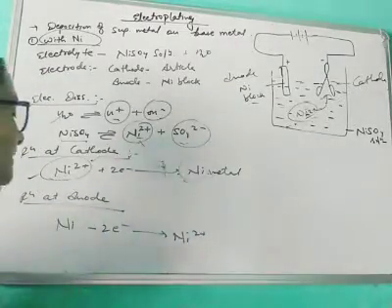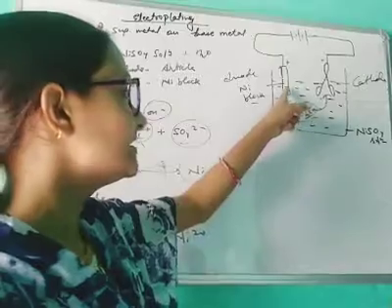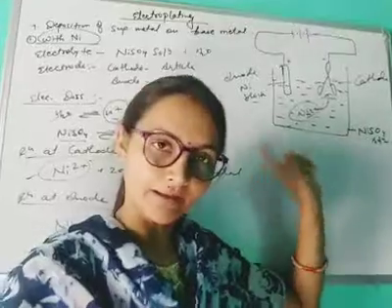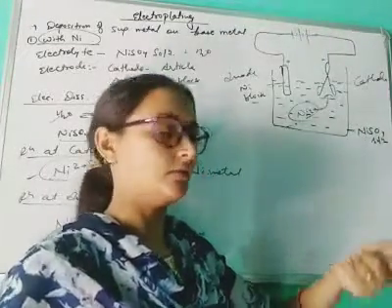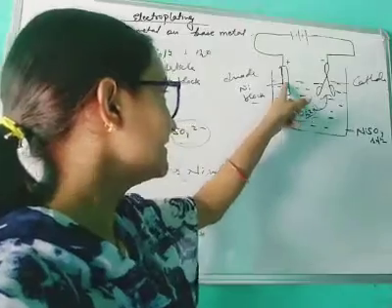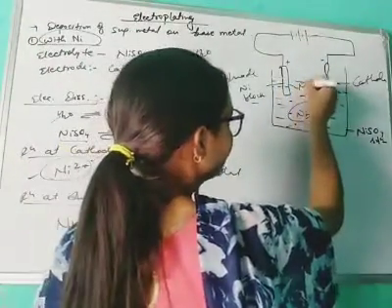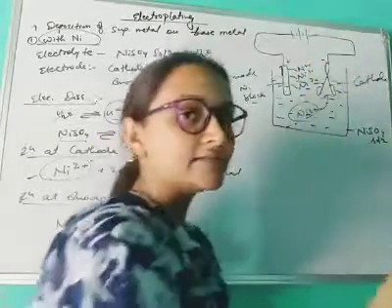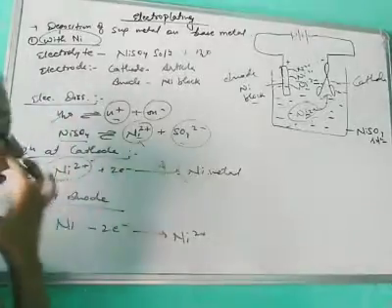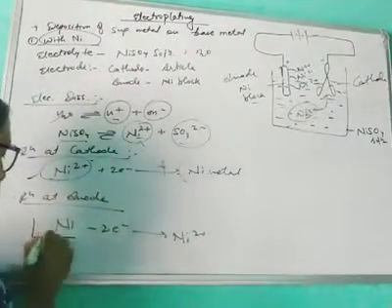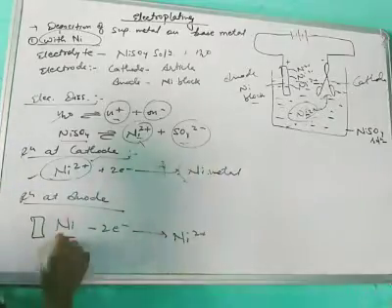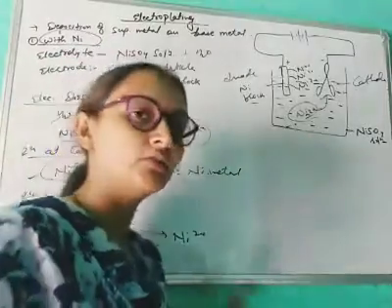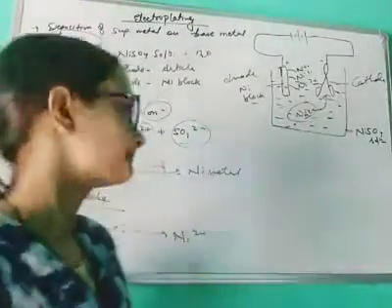Now reaction at anode: the OH- will migrate to the anode, but it will not discharge. What will happen at this place? The Ni will release from here in the form of Ni2+ cations. The nickel block at the anode will release its 2 electrons and become Ni2+ cation.